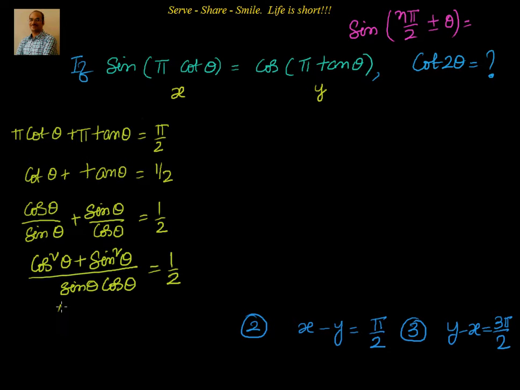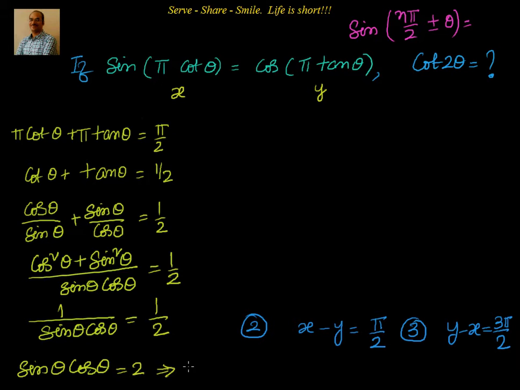So can I write down 1 by sin theta cos theta equal to 1 by 2, or can I say sin theta cos theta equal to 2, or 2 sin theta cos theta equal to 4, or can I say that sin 2 theta equal to 4.